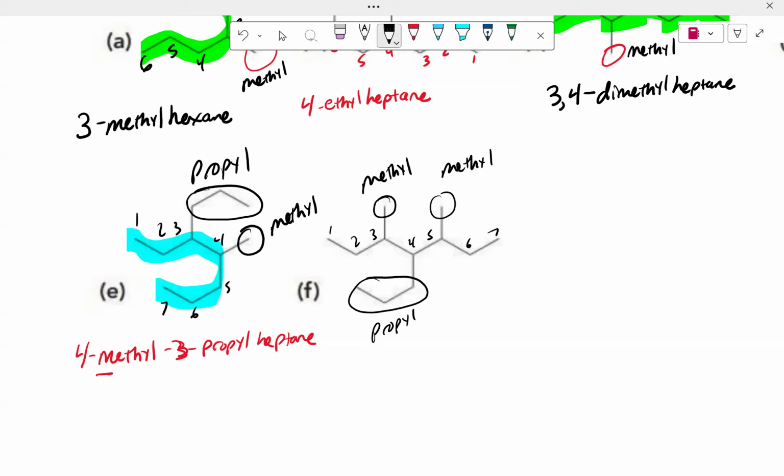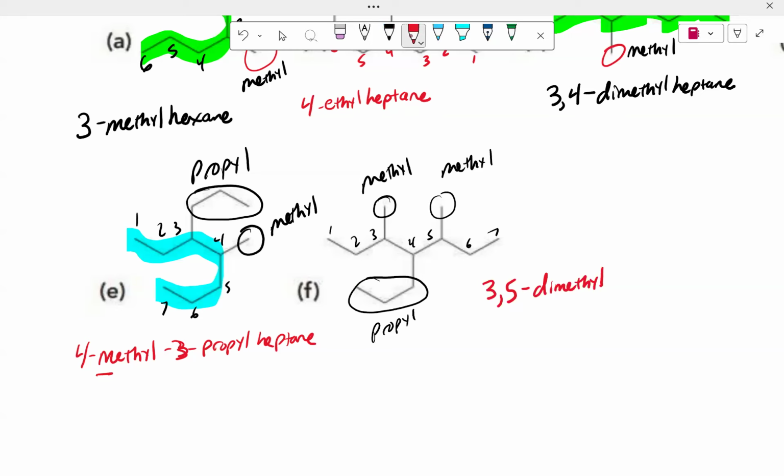Now, since methyl comes first in the alphabet, it's going to come first in the name. So there's 1 on 3, 1 on 5, and since I have two of the exact same substituent, I put the prefix di in front of it. Again, the numerical prefixes have no bearing on alphabetizing.